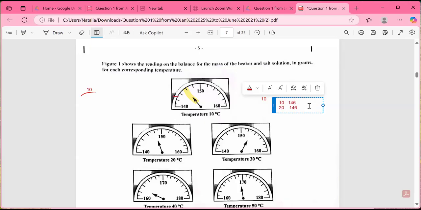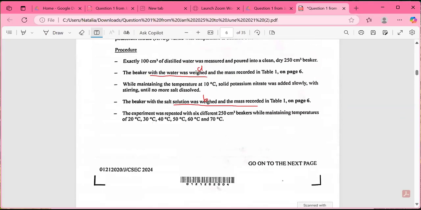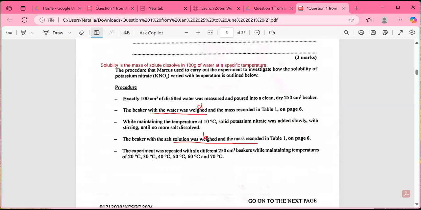All right. For this question, we do not need to calculate solubility. Solubility is the mass of the solute dissolved in 100 grams of water at a specific temperature.